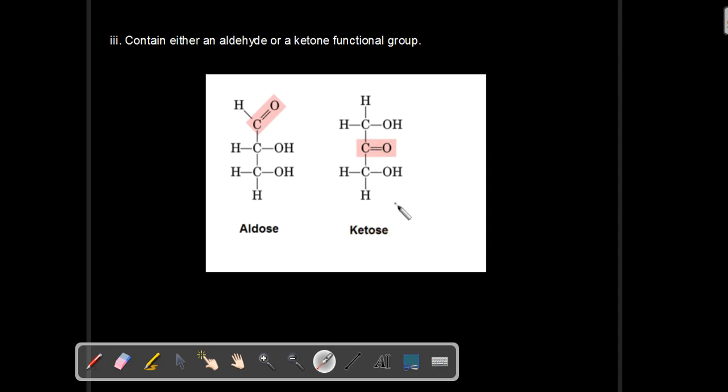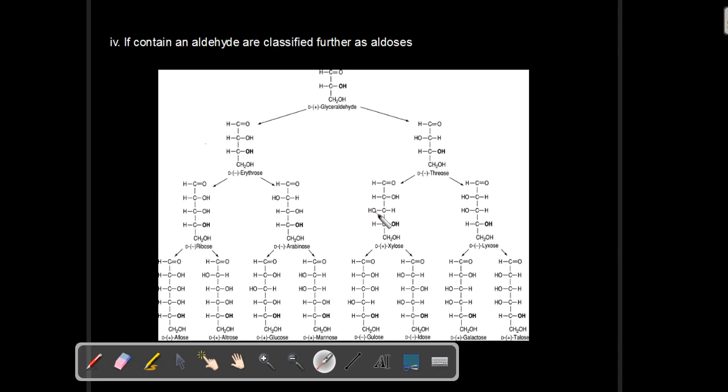Now let us have a look at a couple of examples of aldoses and ketoses. Here we've got a large number of aldoses. Why do I categorize these carbohydrates as aldoses? Because this is the CHO aldehyde functional group. Pick out any one of them and you'll find the aldehyde functional group. And why are they monosaccharides?